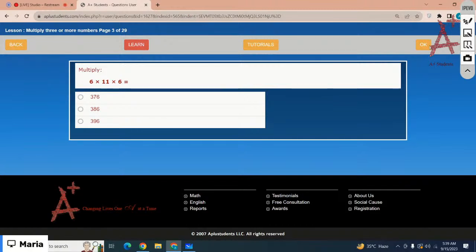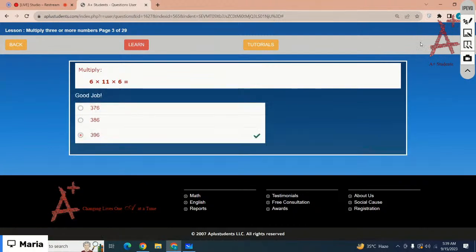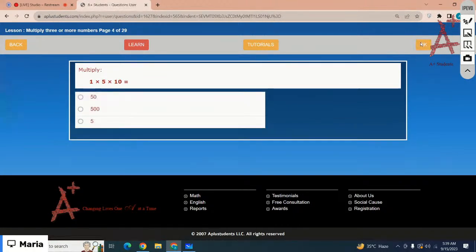So it would be 6 times 6 is 36, and 36 times 6 is, that would be 396, right? Very good. 10 times 5 times 1 is, that would be 50. 10 times 5 is 50, sorry, not 150, right?